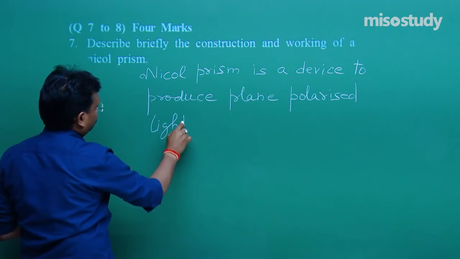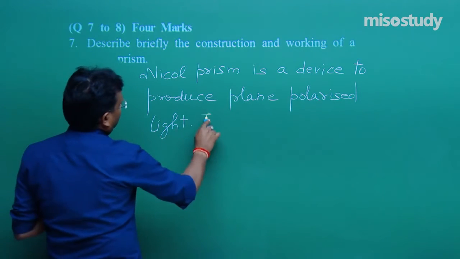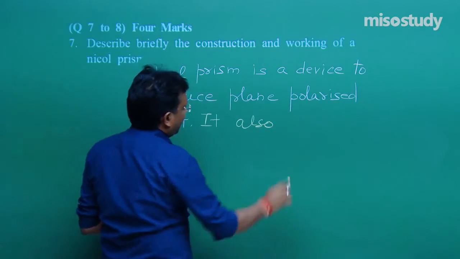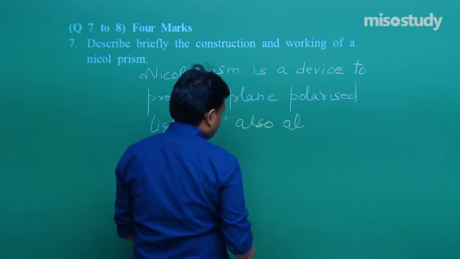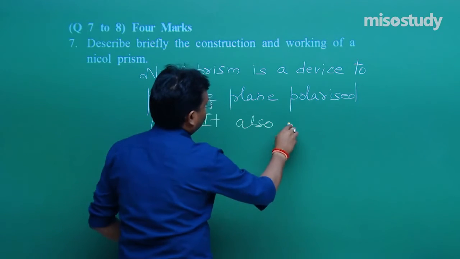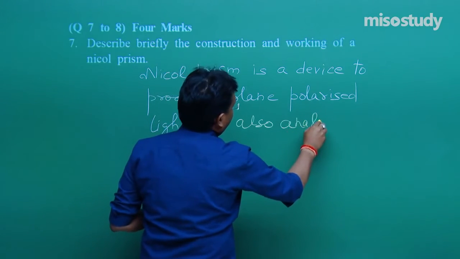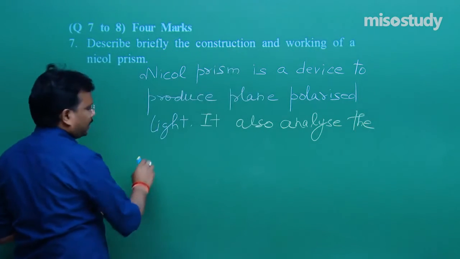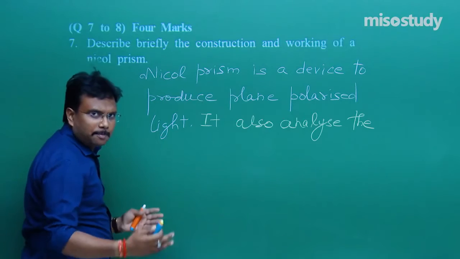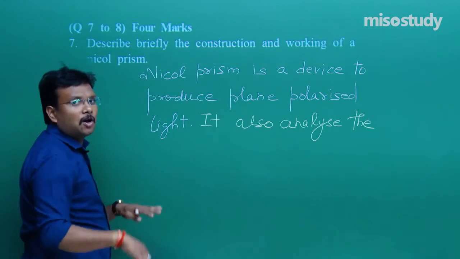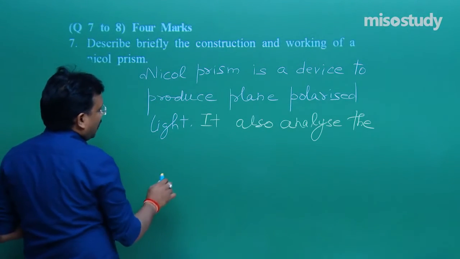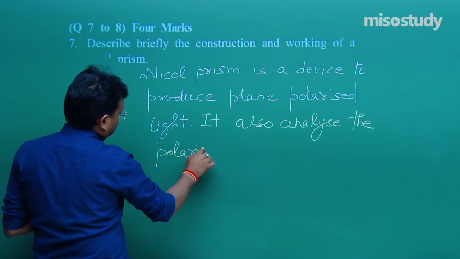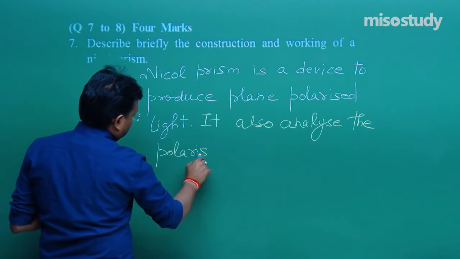Okay. It also analyzes the nature of light. Nature means plane polarized, circularly polarized, elliptically polarized, polarized or unpolarized, like that. It also analyzes the polarization. Okay.